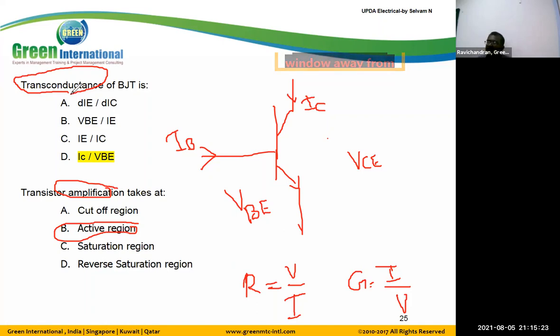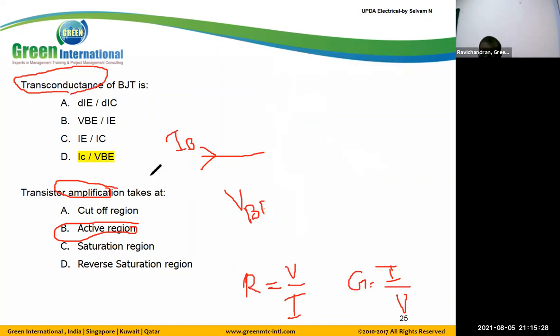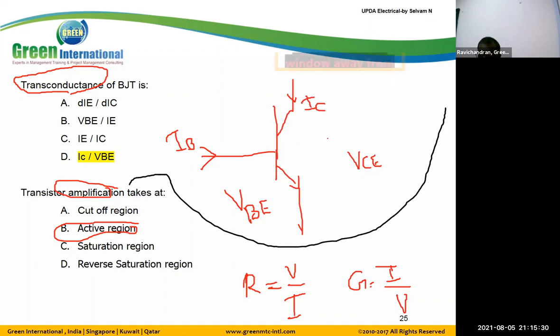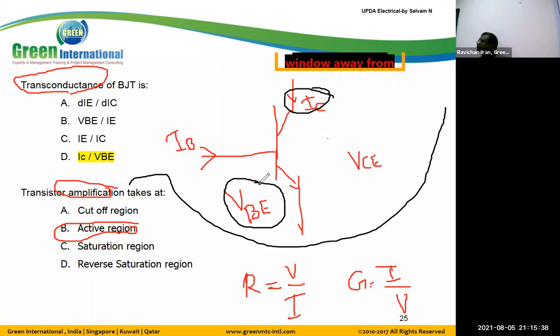In this circuit, this is the output current, this is the input voltage. So the transconductance is IC divided by VBE.